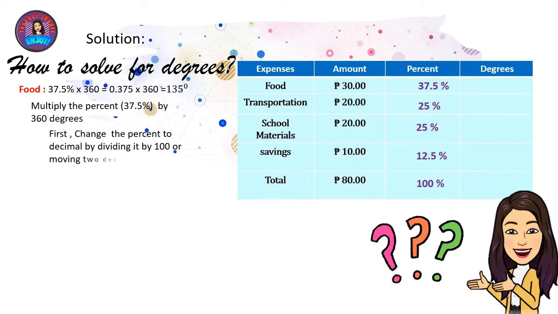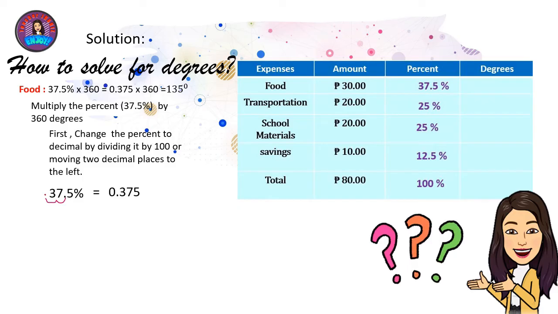We cannot just multiply 37.5% by 360 degrees. So first, we will change the percent to decimal by dividing it by 100 or moving 2 decimal places to the left. Like this, 1 and 2, 37.5% will become 375 thousandths.